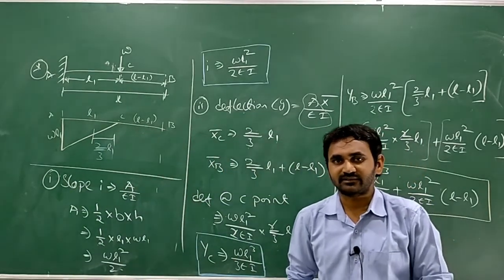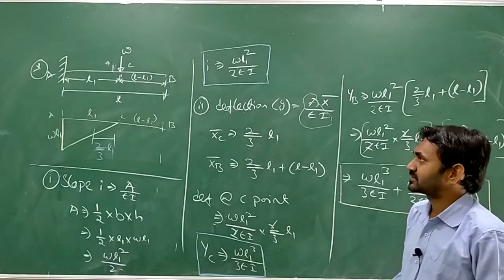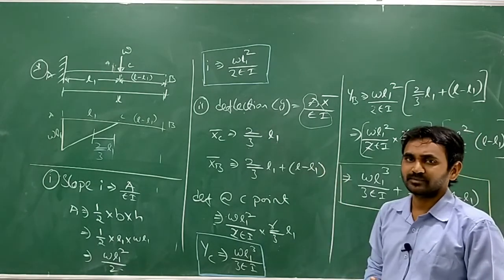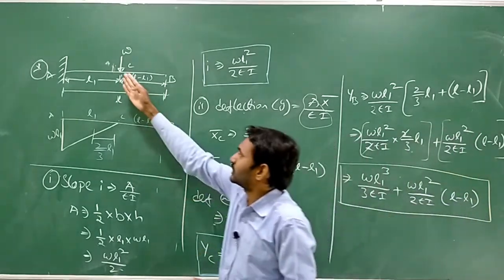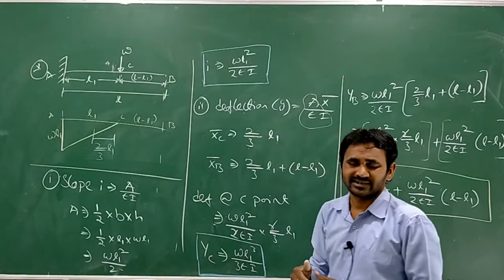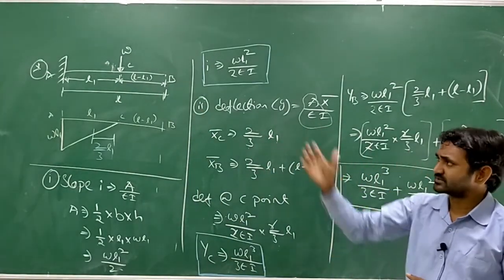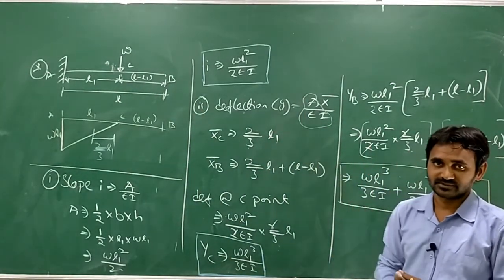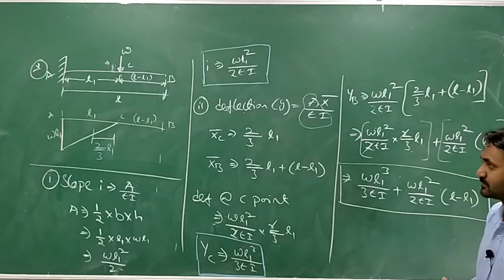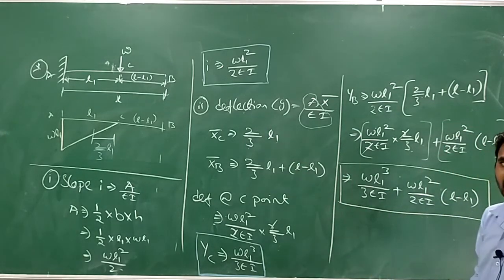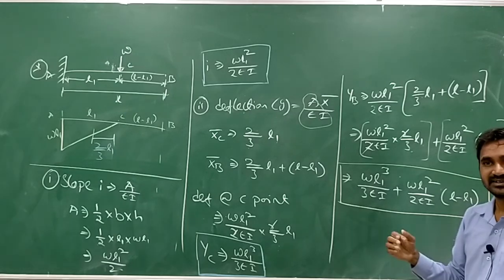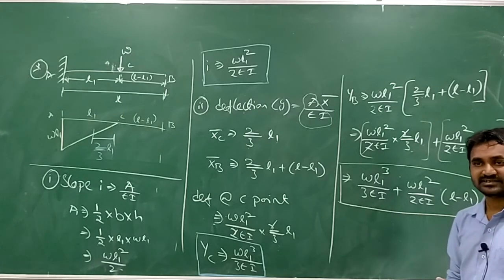In the question paper they will give you a cantilever beam with one point here and another point there, and they will try to make you solve it using these two problems. So this is a simple concept, right? I hope you understand. Next we'll go for the next standard case.